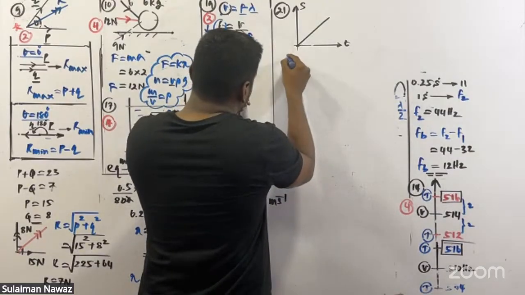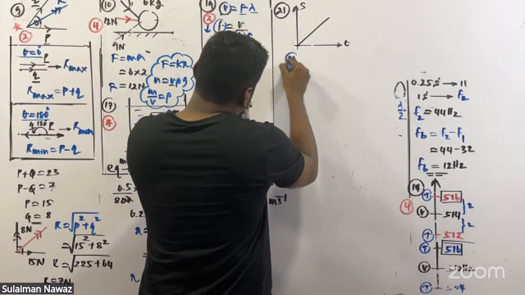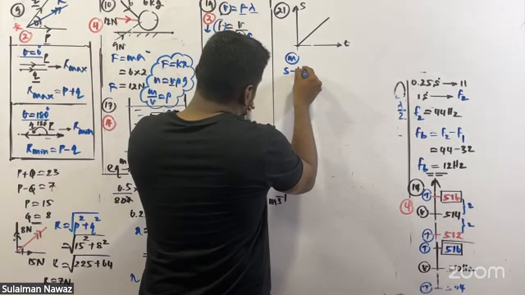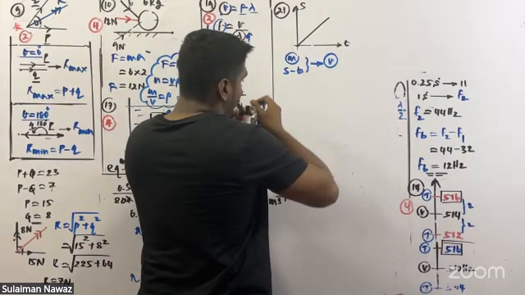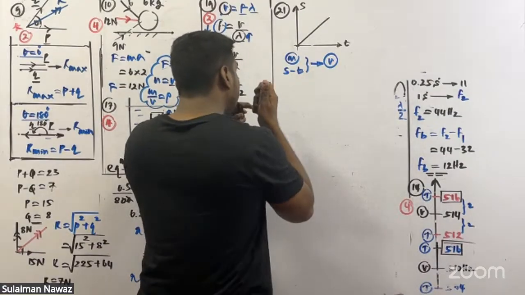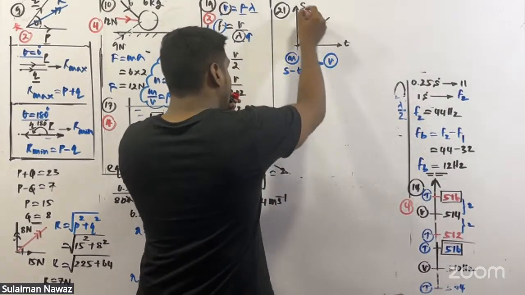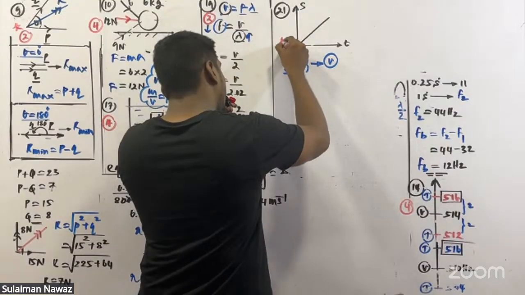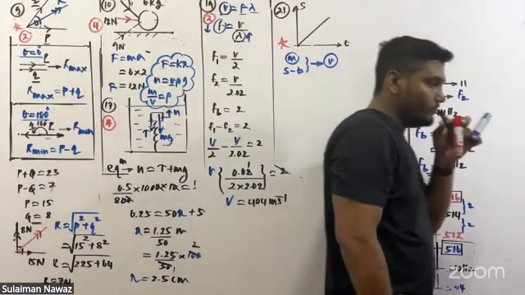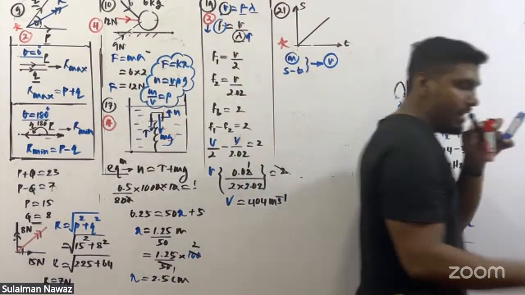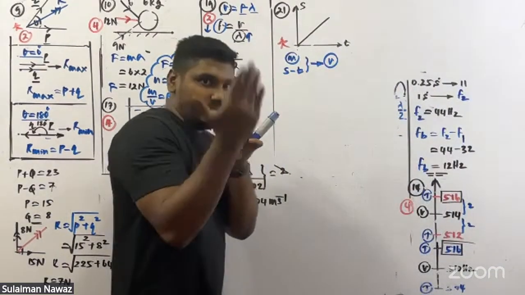The y-axis represents displacement, and the gradient under a displacement time graph represents velocity. Short note point. So you can tell me easily: larger velocity means larger gradient, larger acute angle.